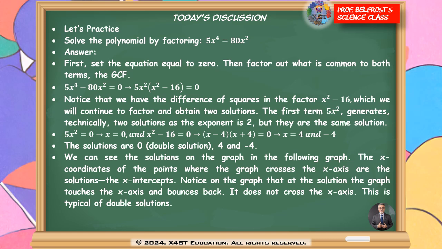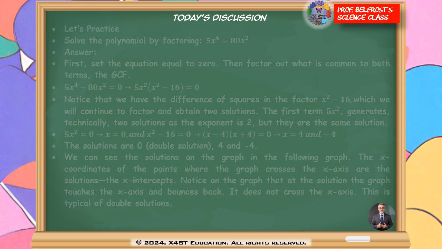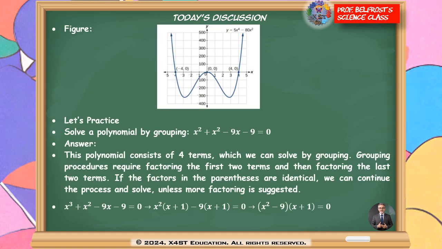So x minus 4 yields 4, and x plus 4 yields minus 4 as solutions. And for the 5x squared, it must be 0, but this is a double solution. So the solutions are 0, 4, and minus 4. And here's the graph showing you how to plot these equations. You evaluate it by yourself.